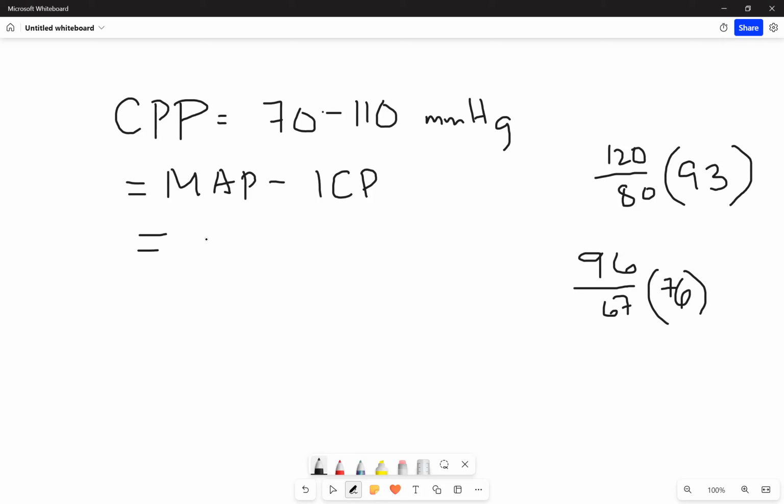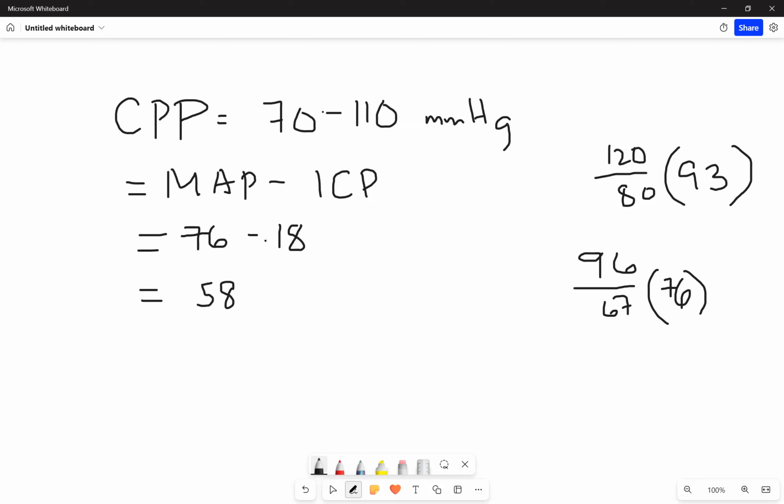Let's come back here. So let's say it's 96 over 67, which is 76. Normal ICP is 0 to 15. Let's say the ICP after stroke is 19 or 18. Let's go conservative, 18. What is the CPP? 76 minus 18 is 58.